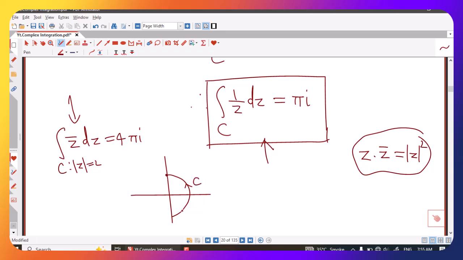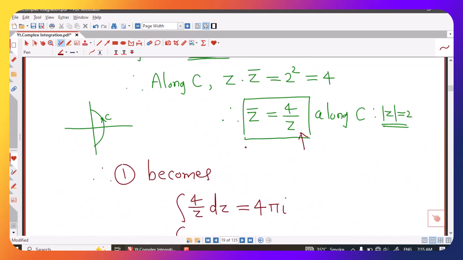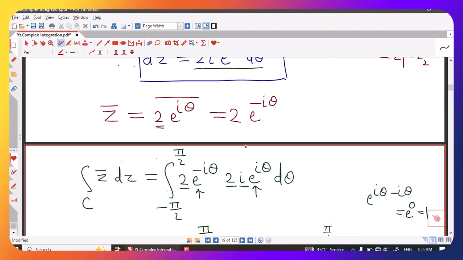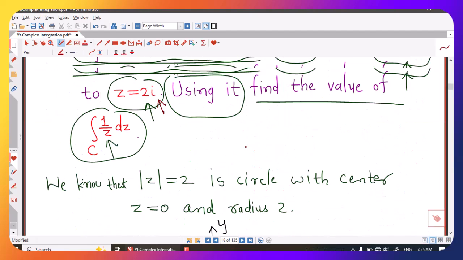You can see our function 1 by z is defined at every point on this right half of the circle. This function is undefined at z equal to 0 only, but z equal to 0 is not on this circle, therefore this is valid. Similarly, z bar is defined for all points in the complex plane, so there is no problem.